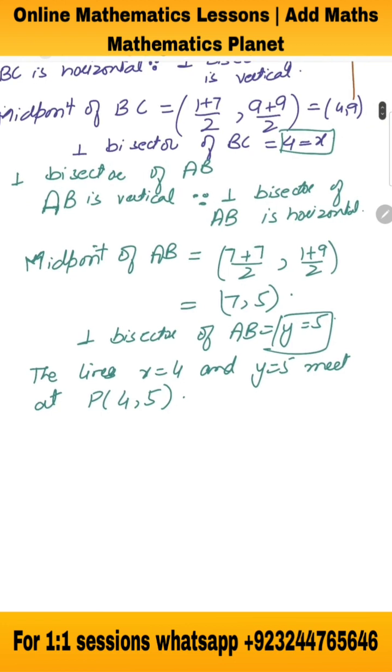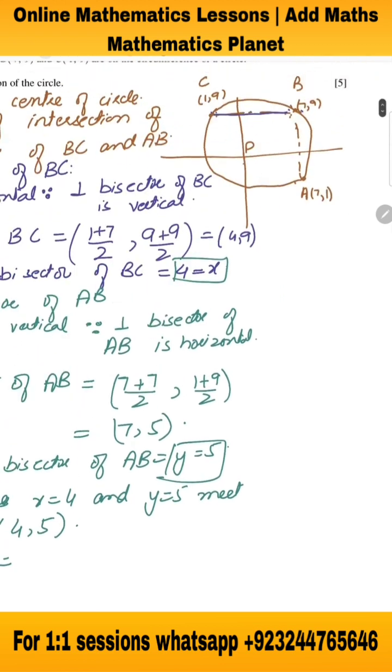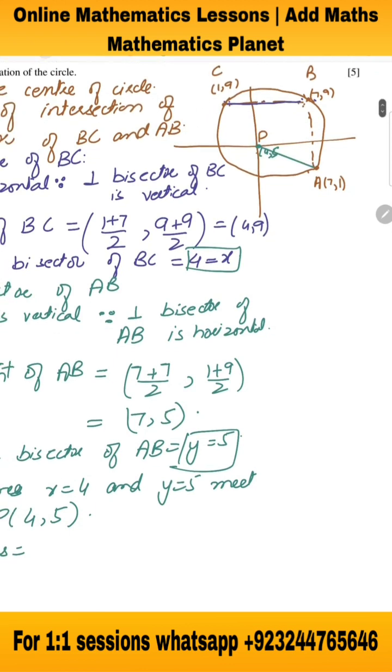So we get the center is 4, 5, but we don't know the radius. So we need to calculate the radius because we need to know two things. Now, if point P is 4, 5, the distance from the center to any point on the circle is the radius. So let's calculate the radius.